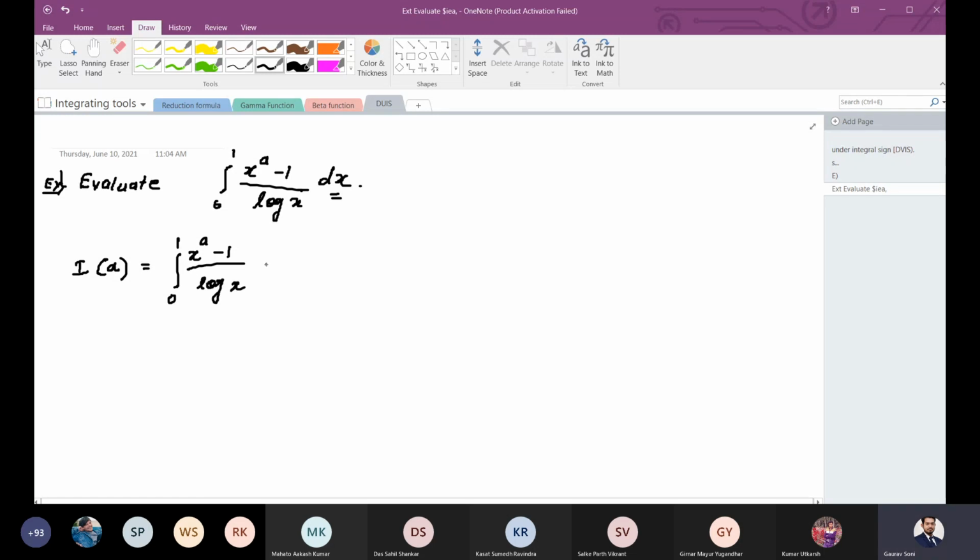So the idea is to recognize when you have to use the DUIS. Can you take the derivative of the numerator with respect to a? What is d by da of x raised to a minus 1 upon log x? Anyone? Derivative with respect to a: log x will come outside, being constant. What is the derivative of x raised to a minus 1 with respect to a?